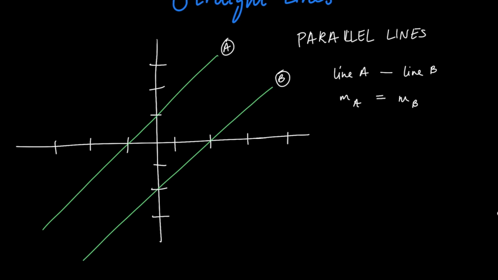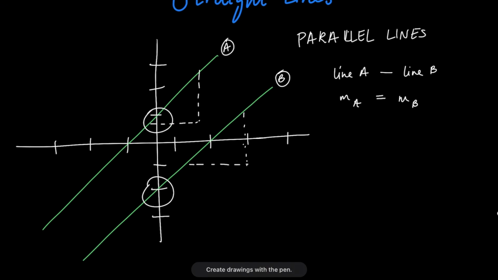And we can further see this if we try and draw two imaginary triangles on each of the lines. Visually, we can even see that the slope of the line is the same, and the only thing that's different about these two lines is the y-intercept.